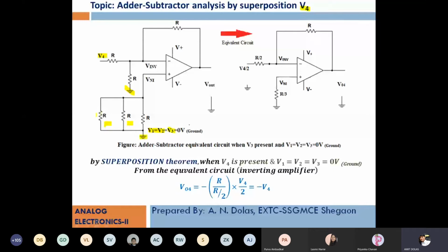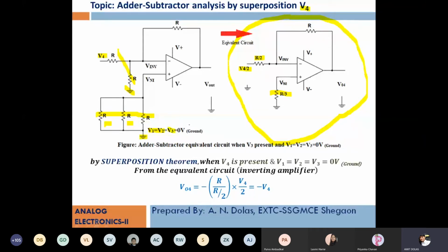So the effective parallel value of the 3R will be R by 3 as it is here. And as we have seen, due to this voltage divider network, the effective voltage of V4 will be V4 by 2, due to the value of R by 2. So I get this type of network, which is also similar to the previous slide, simply an inverting operational amplifier.